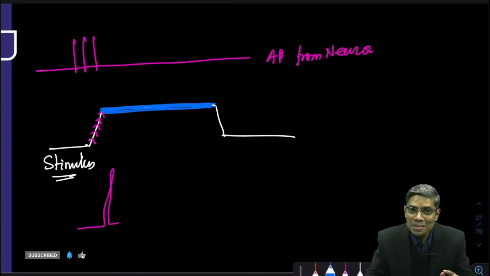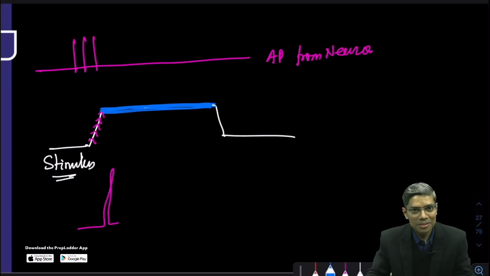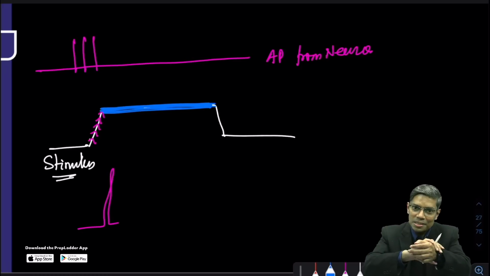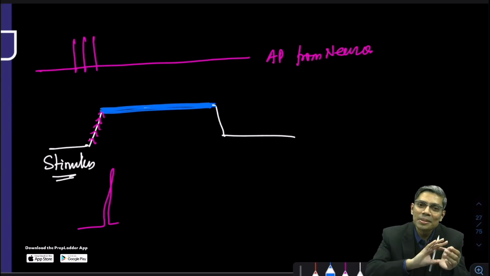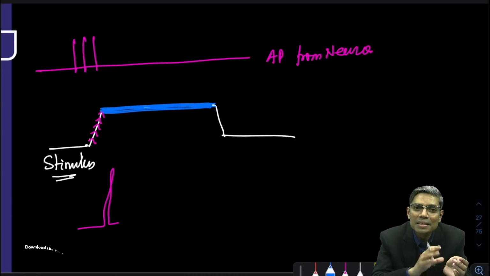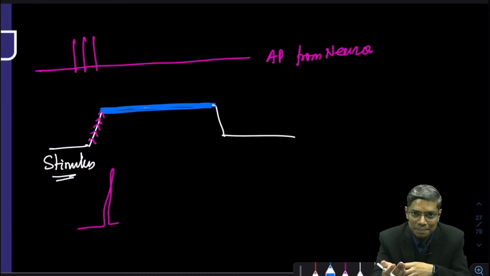But if you hold the same hand for 1 hour, do you feel the same touch? The answer is no. Why? Because although the touch is still there, the receptor is modified, the receptor is adapted.